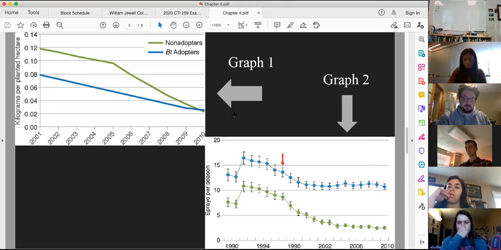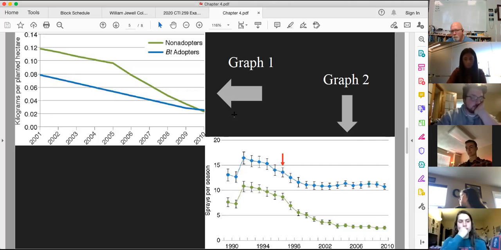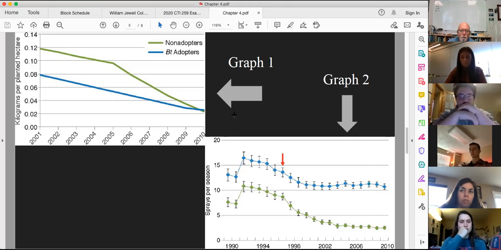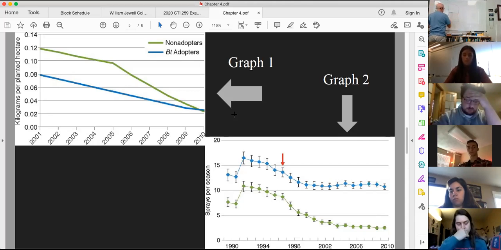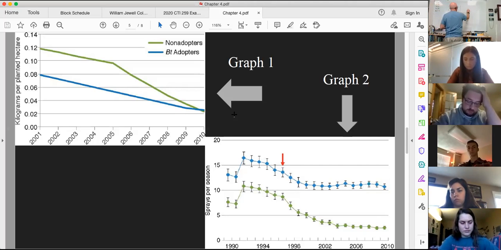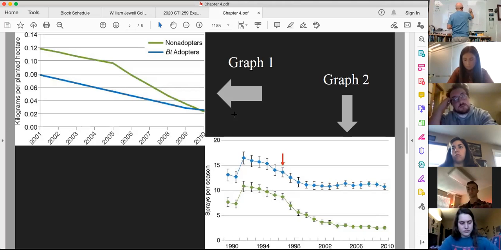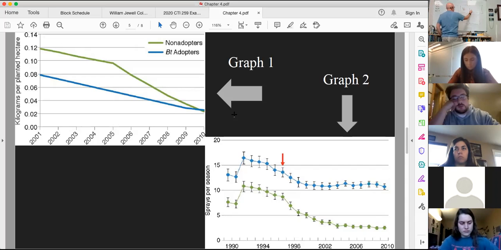This is graph one that I'm thinking of. So imagine you have a bunch of farms.